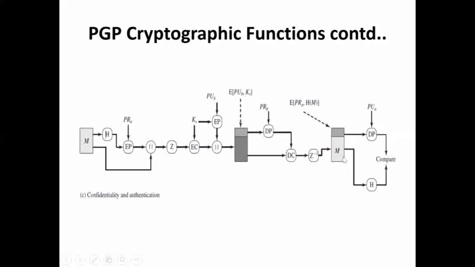The original message you got, you pass to the hash function. Whatever hash code is generated and the hash code resulted, you compare both. If both match, the data is authenticated. So here we provided confidentiality as well as authentication.